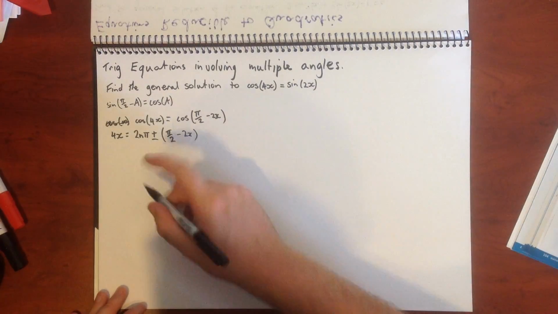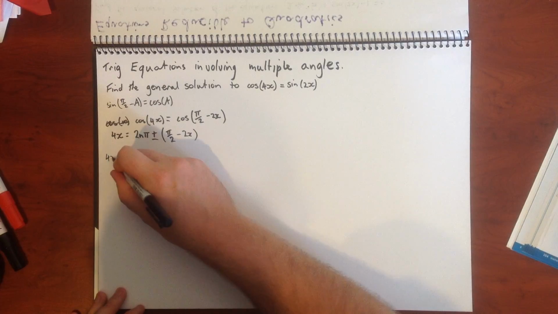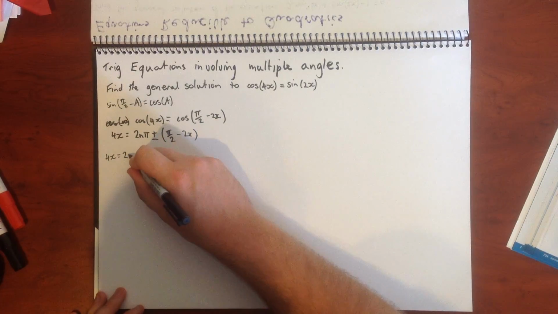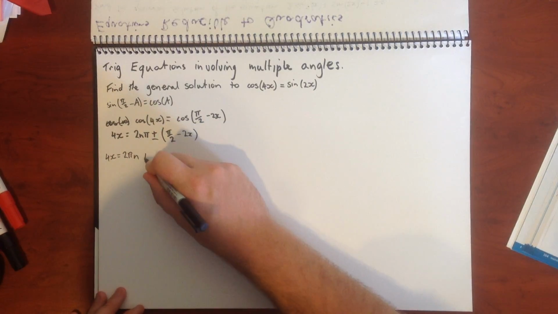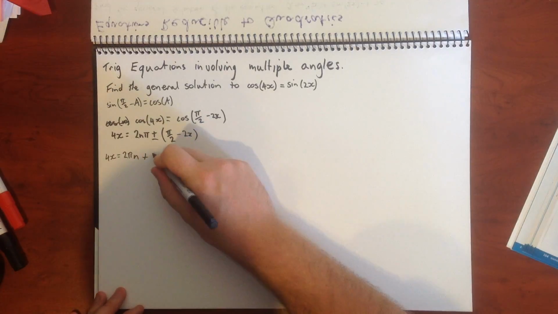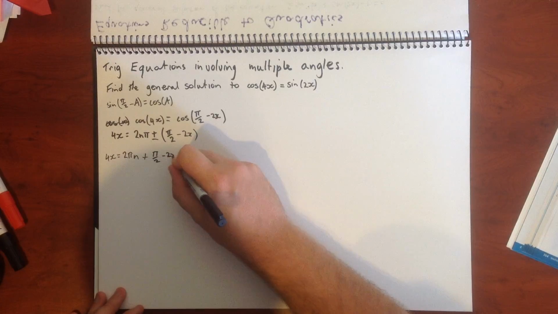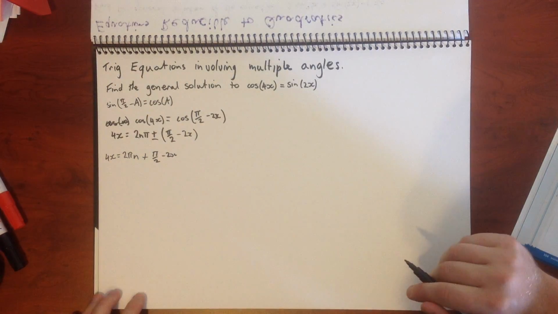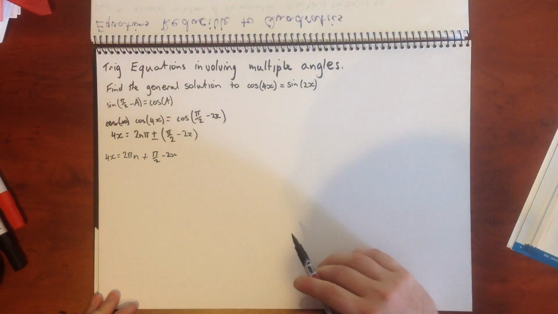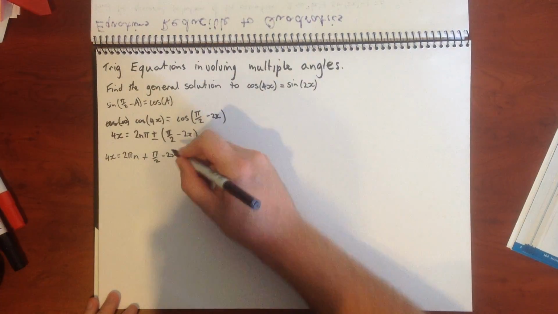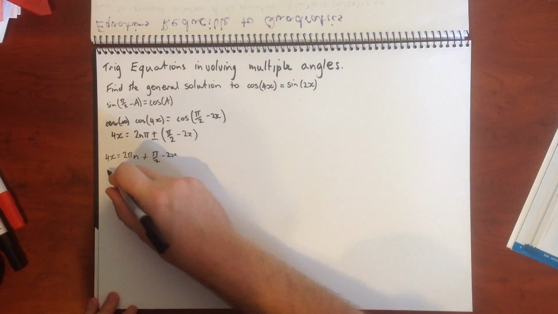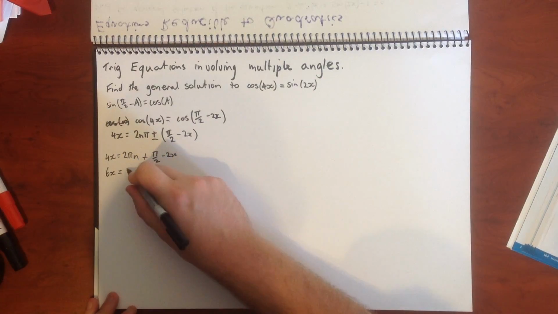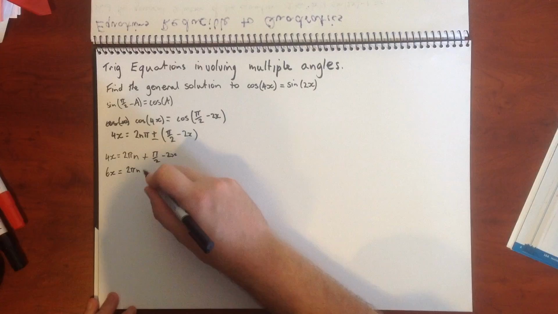Okay, is what we're going to do there. Okay, so we'll just look at the positive one to start off with. So we'll say, well, 4x equals 2 pi n plus pi on 2 take 2x. Okay, so we can simplify that a little bit because what we can do is bring this 2x across this side and say, well, we've got 6x equals 2 pi n plus pi on 2.